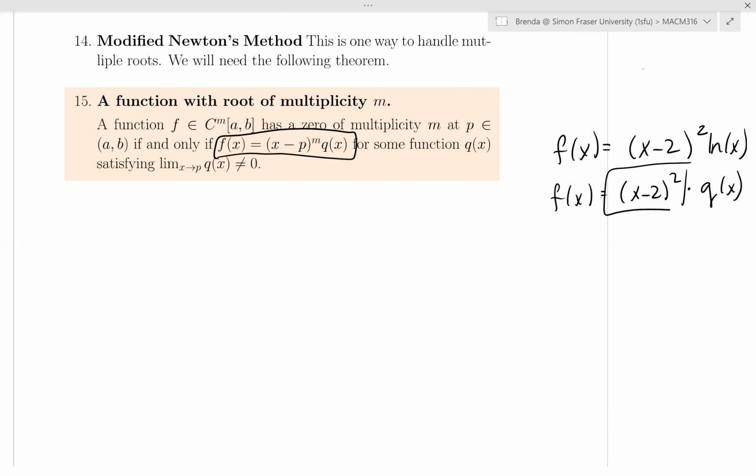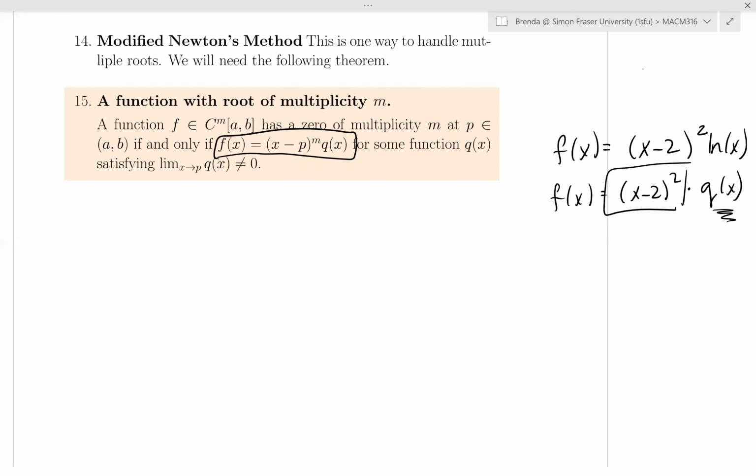I can take the multiplicity of that root out, and this thing is not 0 at the root. It doesn't have to be this straightforward or this easy to separate out. The function can look not like a polynomial. This is an example. You can factor the zero out.